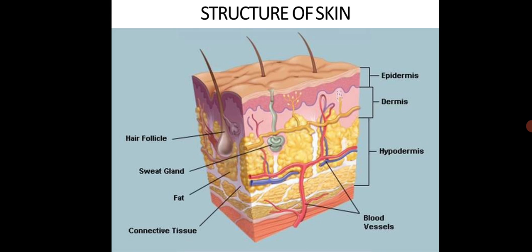Other than these three layers, there will be hair follicles and sweat glands, which are responsible for perspiration or to eliminate any substances or waste metabolites from the body. Even fats will be present just below the hair follicles, in the dermis as well as in the hypodermis. There will also be connective tissues.